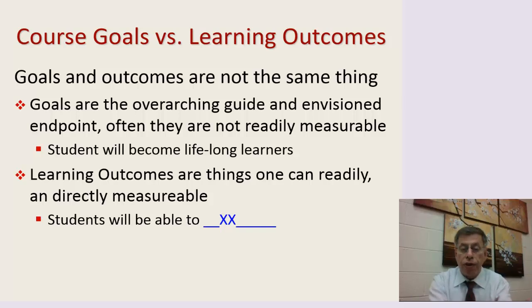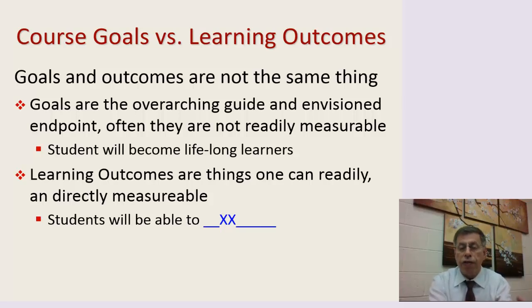In contrast, learning outcomes are things one can readily and directly measure. Students will be able to do X, and they're measured by looking at the products that the students produce. These products could be papers, performances on tests, surveys.